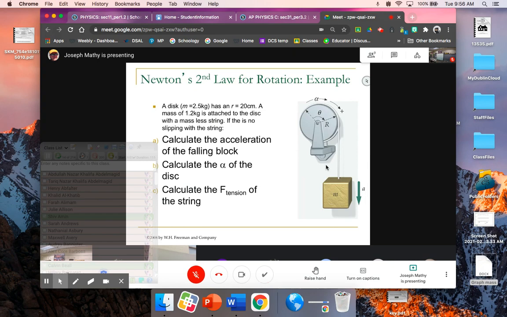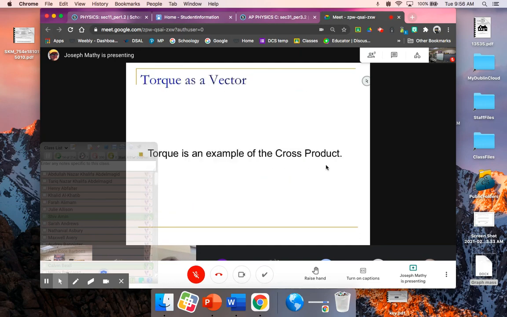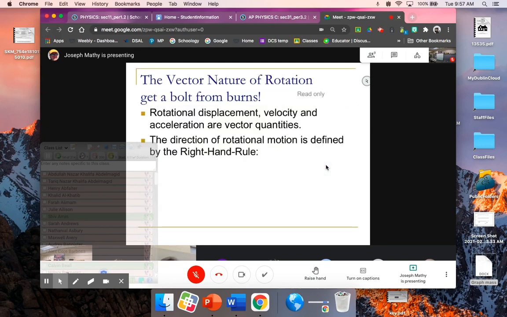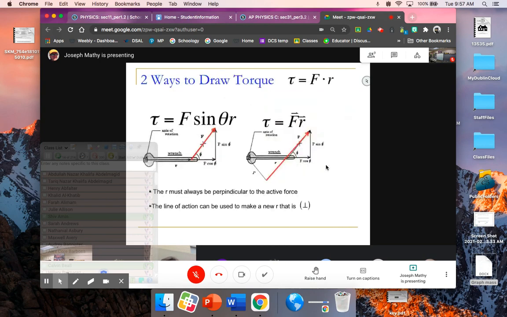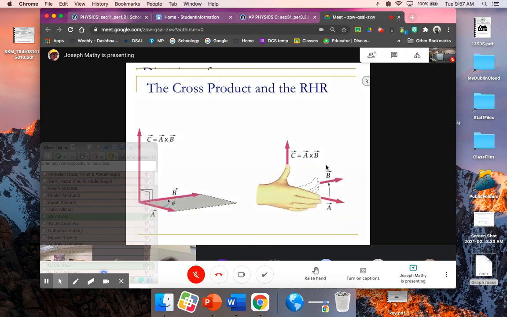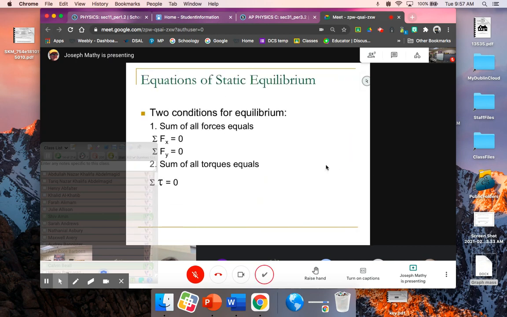Please let me know if you do not know. This is the sheet that I gave you all in class. It was a torque sheet. Okay, it was a torque sheet. With this torque sheet, we drew pictures of these. We talked about right-hand rule. We talked about cross products.